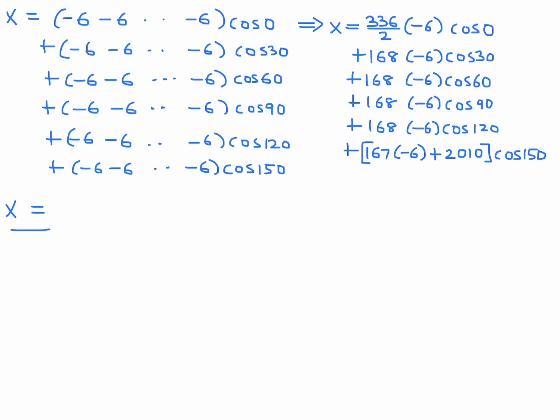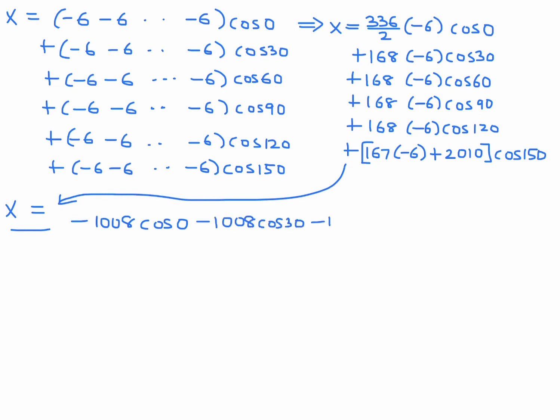All right, so significant progress is being made. Let's continue here. So we're going from here to here. And now we just have to multiply all these out. So it becomes minus 1008 cos 0 plus, or actually minus, they're all going to be minus 1008 cos 30, minus 1008 cos 60, minus 1008 cos 90, minus 1008 cos 120, and then this one is a little bit different, right?